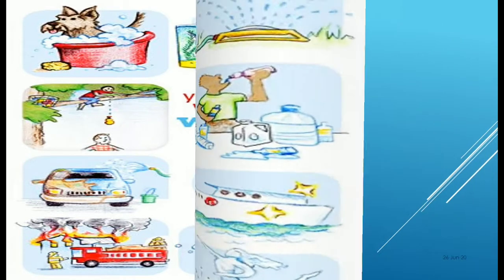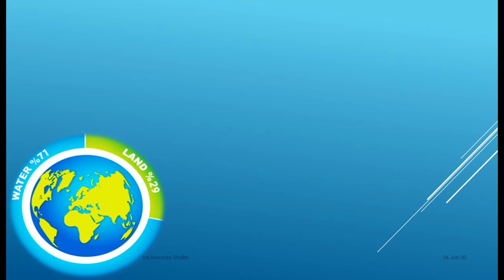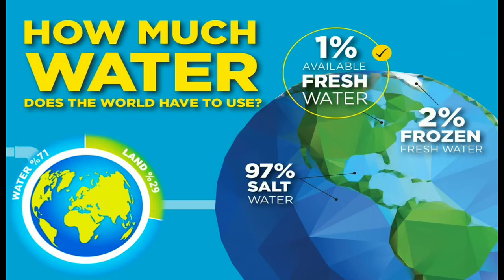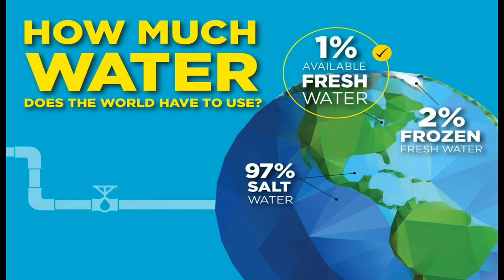So is the water which is there sufficient for us? How much water does the world actually have for use? Now we have learned that on the surface of the earth, 71% is water, whereas 29% is land.